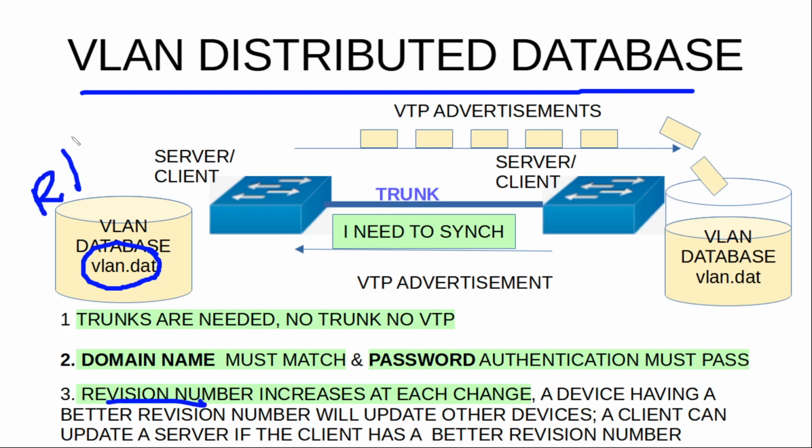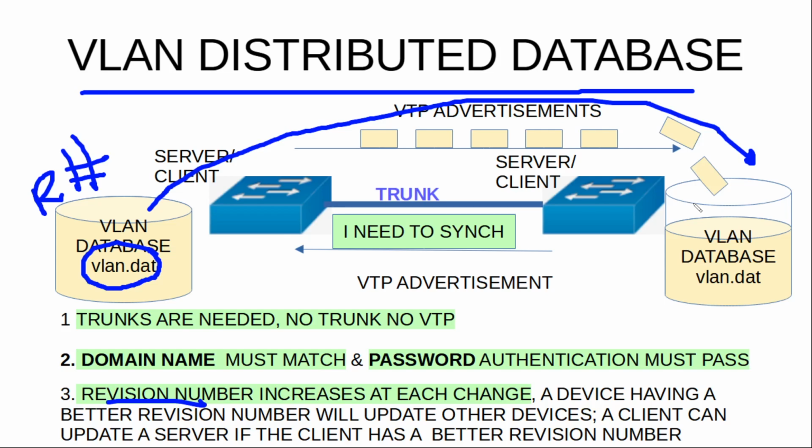Every time you change your VLAN database, every time you add a VLAN, change the name of a VLAN, or delete a VLAN, this revision number increases by 1, in such a way that the device that happens to have the highest revision number will have to distribute its VLAN database, or synchronize its VLAN database, with all the other devices that have a lower revision number.